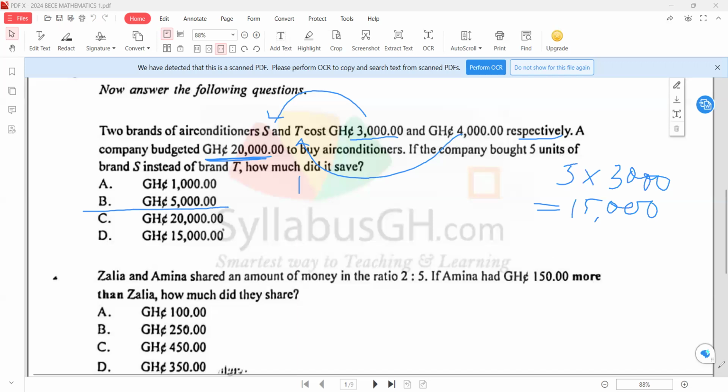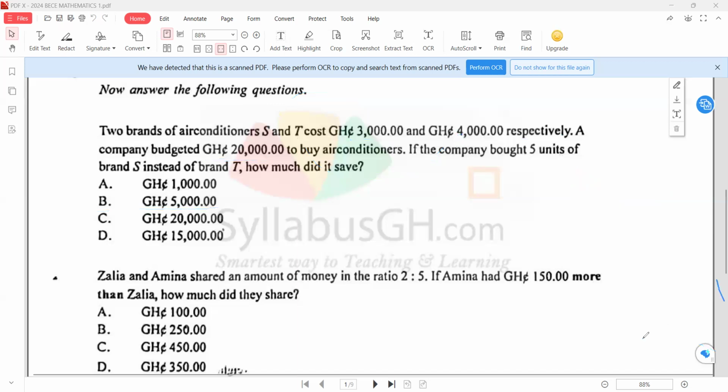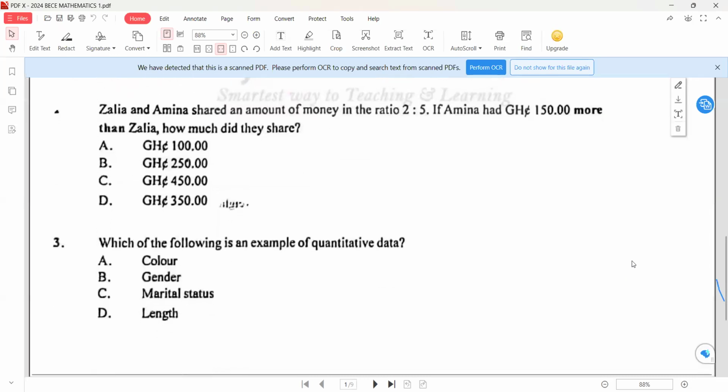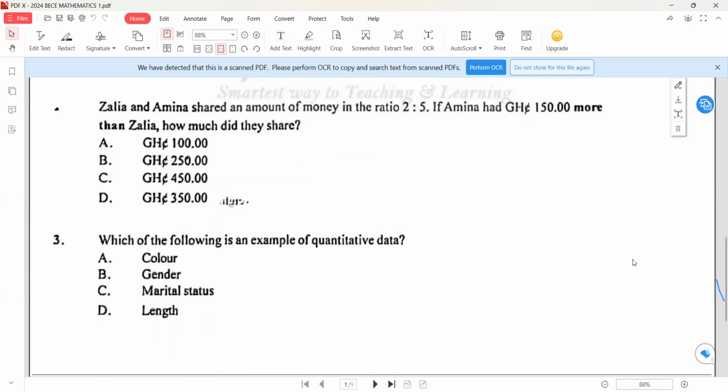Question number two. Zaria and Amina shared an amount of money in the ratio 2:5.